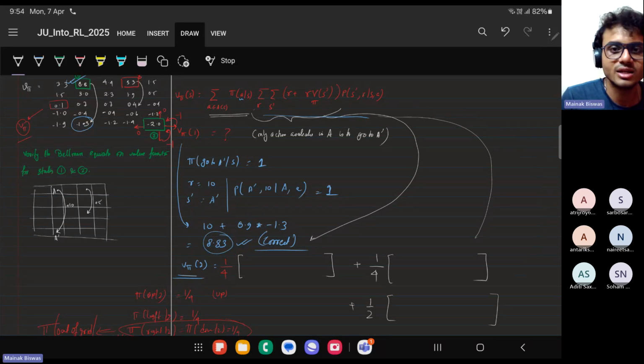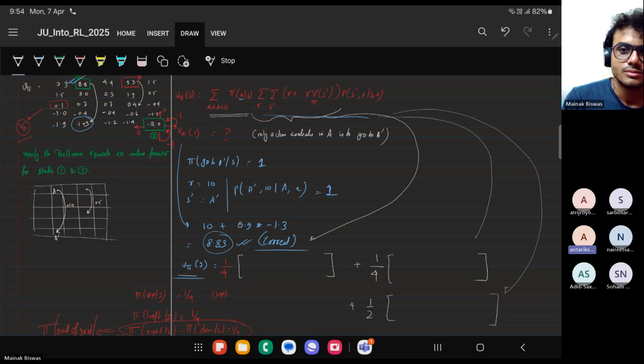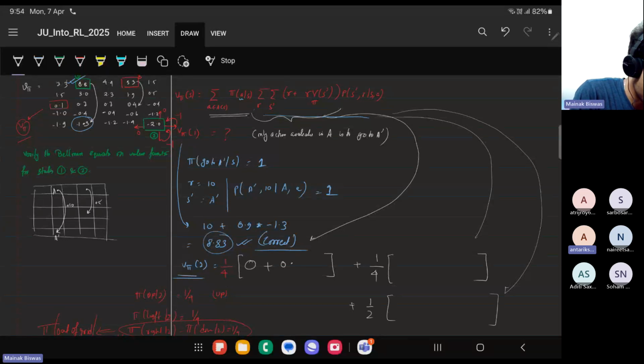Can you tell me the inner summation, the inner value? For the first 1/4, it would be gamma into minus 1.4. Sorry, I was talking about the left one. Okay. Very good, minus 1.4. This is for the left.